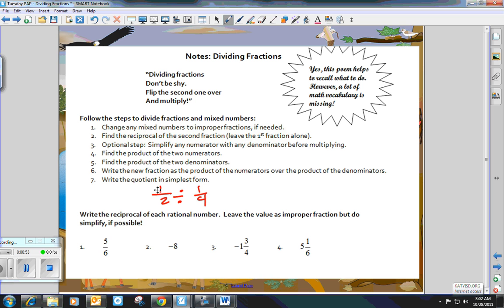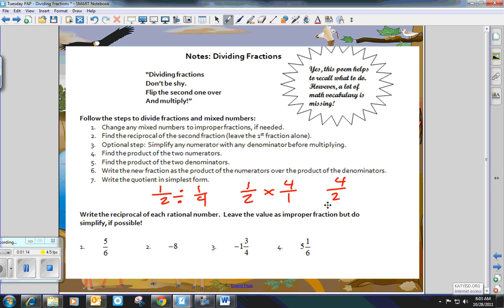of the fraction. So I would keep 1/2. I'm going to flip the second one over and make it 4/1. The reciprocal of 1/4 is 4/1, and then multiply instead of divide. Now when I do that, I get 4/2.